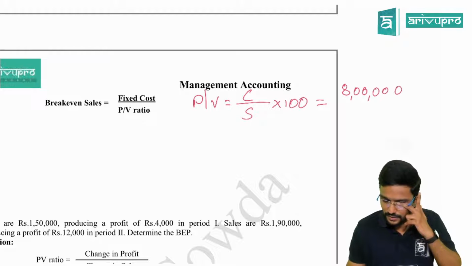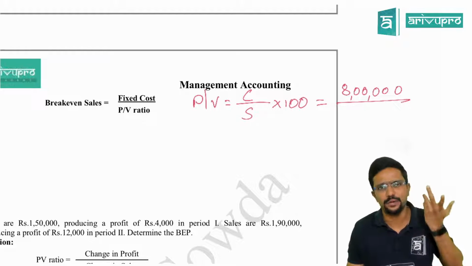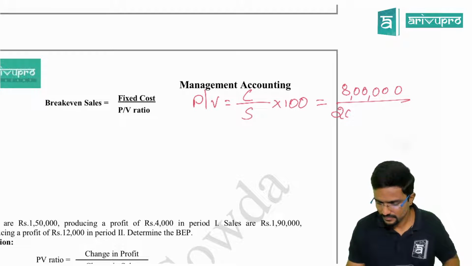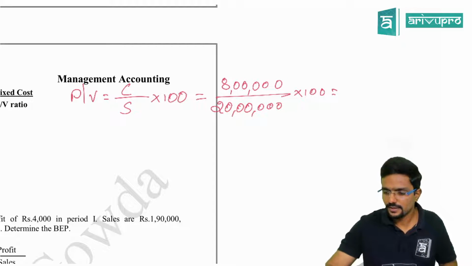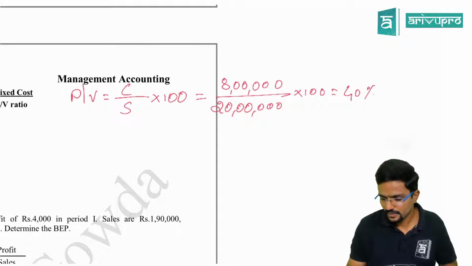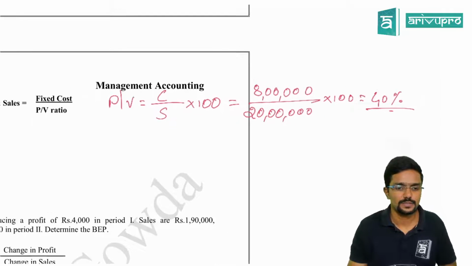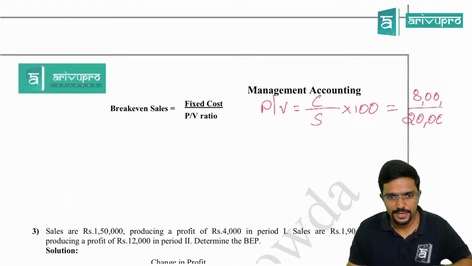You can also do simple calculation, that is 8 by 20 also. 8 lakh divided by 20 lakh into 100. So it is how much? 8 by 20, 40%.